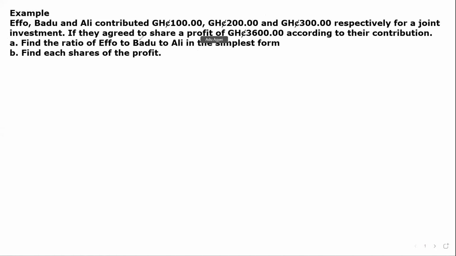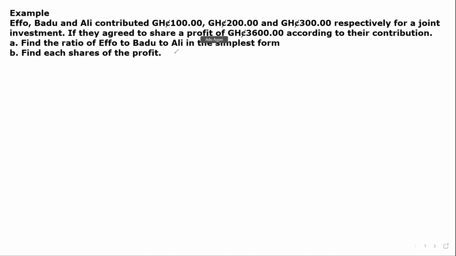If they agreed to share a profit of 3,600 Ghana cedi according to their contribution, A, find the ratio of Efo to Badu to Ali in the simplest form. B, find each share of the profits.